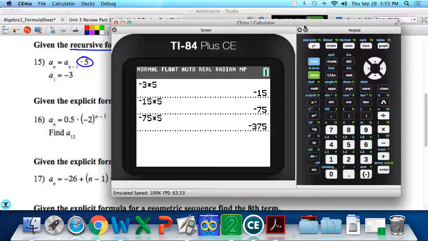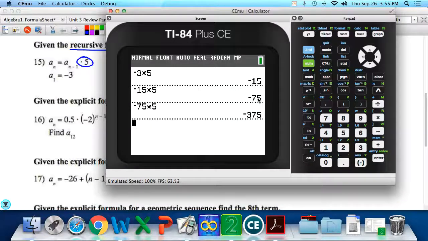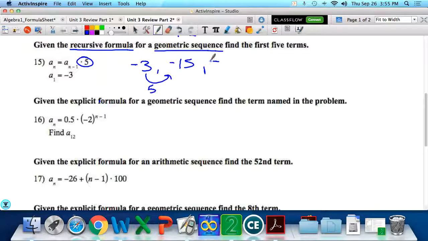So my first term was negative 3, second term was negative 15, third term, fourth term, one more to go, negative 375 times 5, negative 1875. That would be my first 5 terms of the sequence.